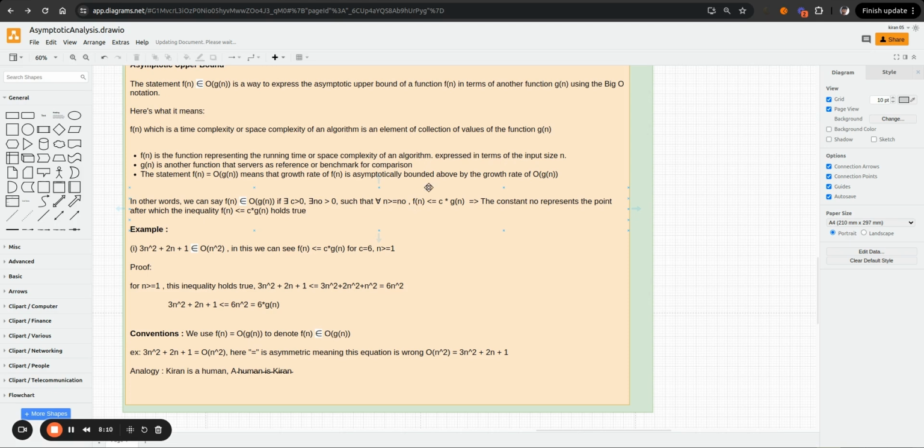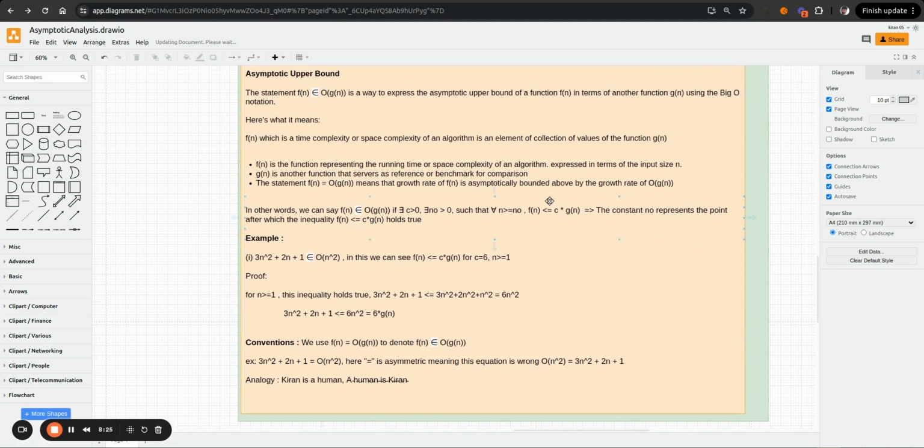In simpler terms, the time complexity of an algorithm will at most be a constant multiple of the upper bound time complexity. So we can say that a function belongs to big O of g of n if the time complexity f of n is less than or equal to a constant multiple of g of n, being the upper time complexity.